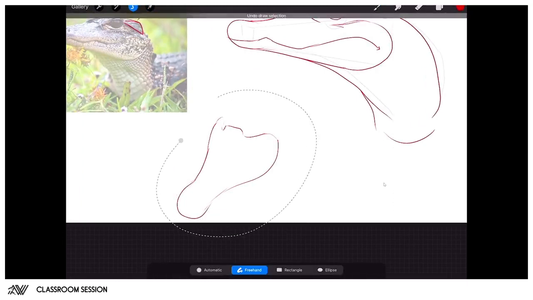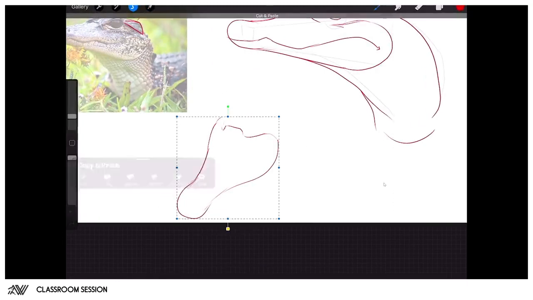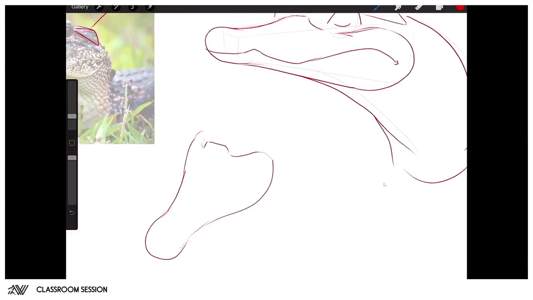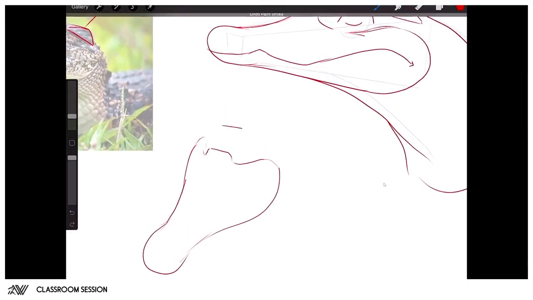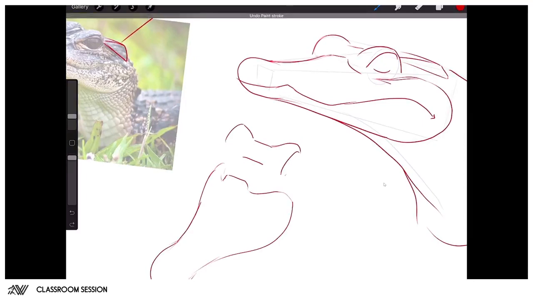Just going to do this on another layer. In another perspective, I'm doing this in an exploded view, so you guys can understand what I'm sort of talking about.